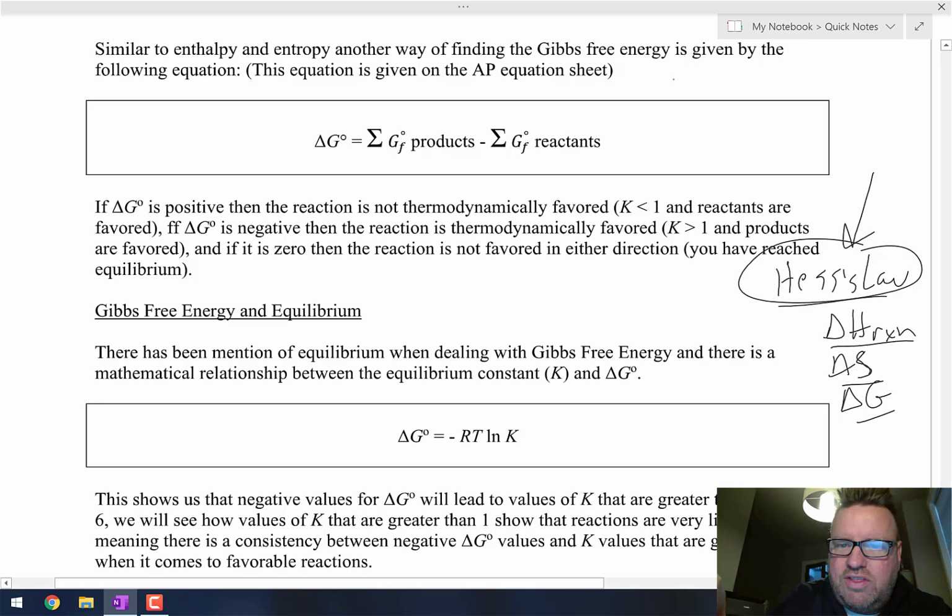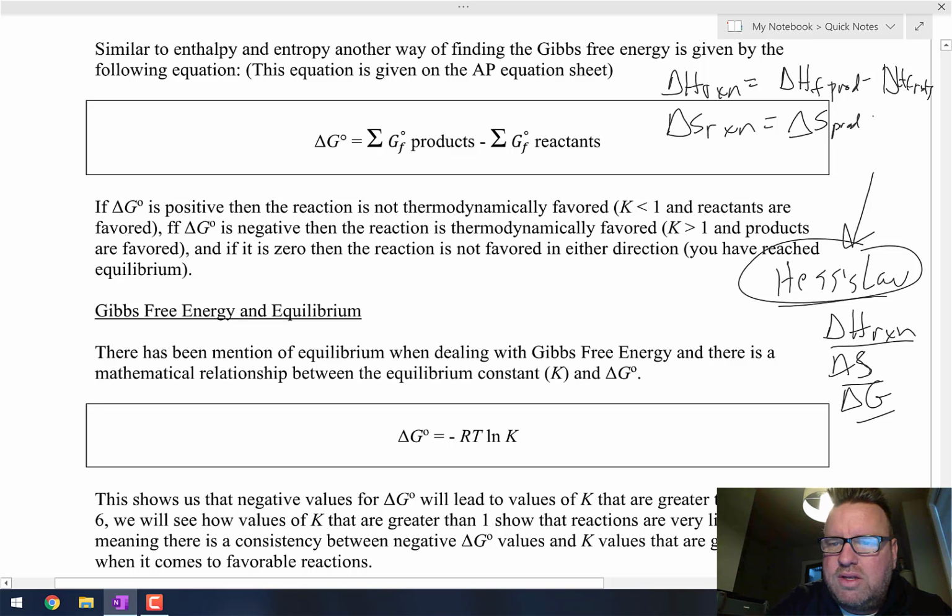Okay, and just like the earlier problems we saw where you can find the enthalpy change for a reaction using the enthalpy of formation of the products minus the enthalpy of formation of the reactants, you can find the same thing for delta S. The entropy change for the reaction is the absolute entropy of the products minus the absolute entropy of the reactants.